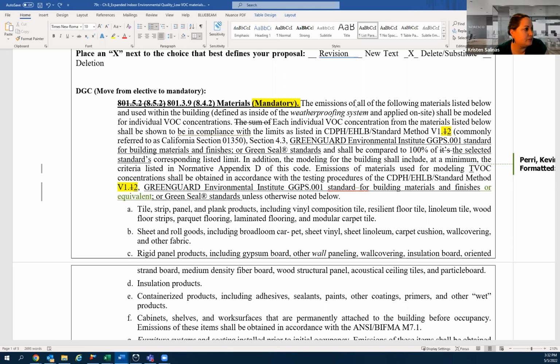That's what I thought you said, so I just wanted to make sure. Any discussion on that? Seeing none, I'll call a vote just on that. All those in favor of adding "or equivalent" in that paragraph, please raise your hand. And I see 11. That's unanimous. Okay, that passes.